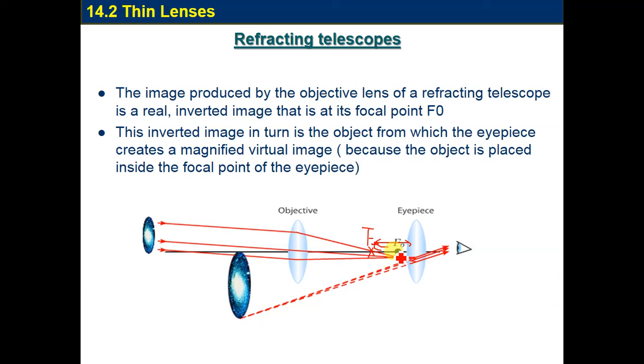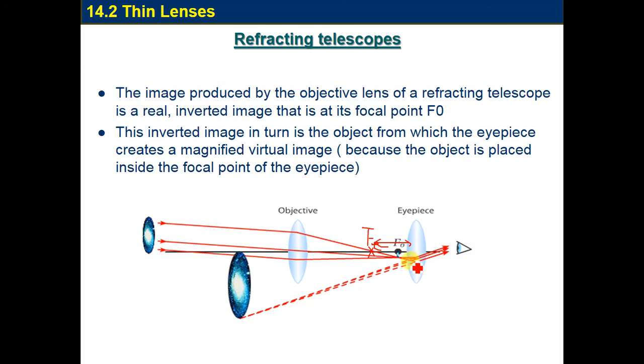Because the image created by the objective lens is inside the focal length, it works as an object for the eyepiece. So the image of this object would be what? Virtual, because when the object is very close to the lens, its image will be virtual.